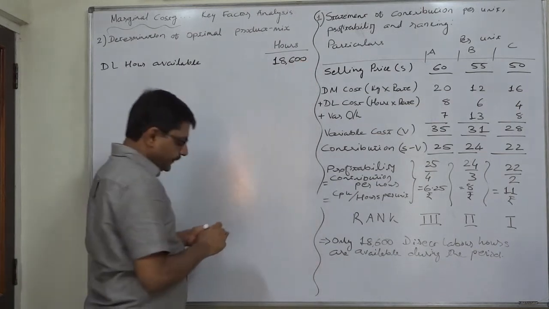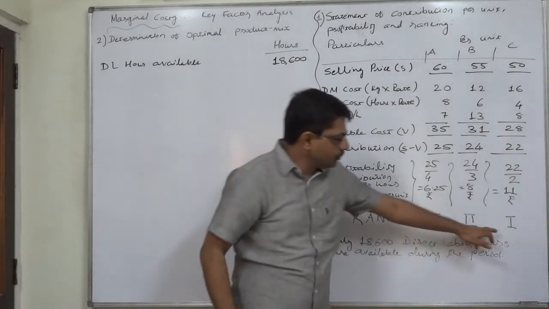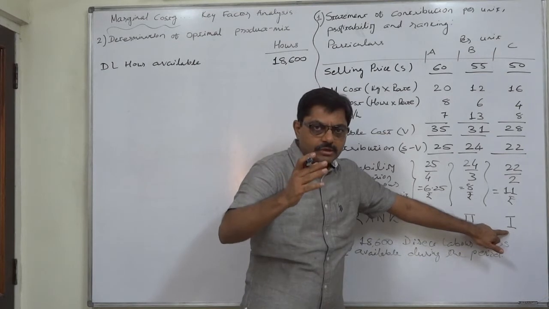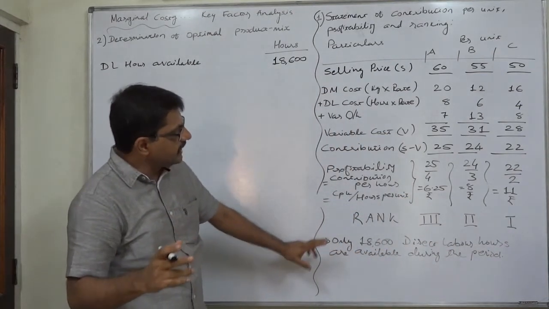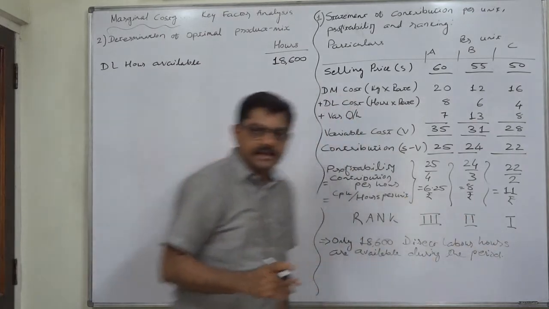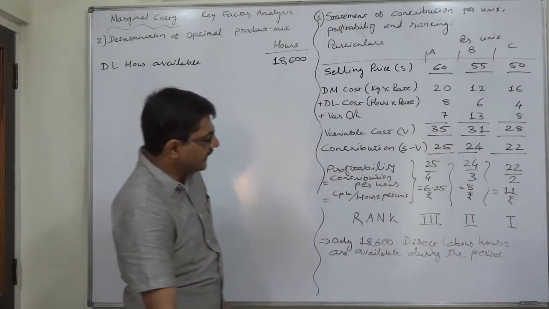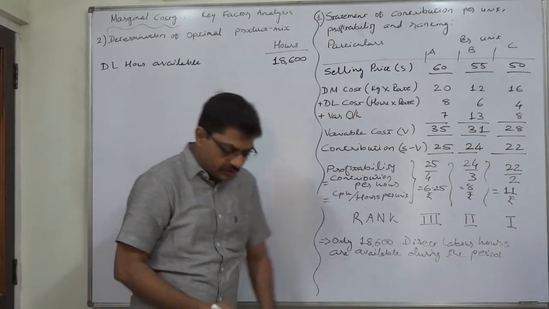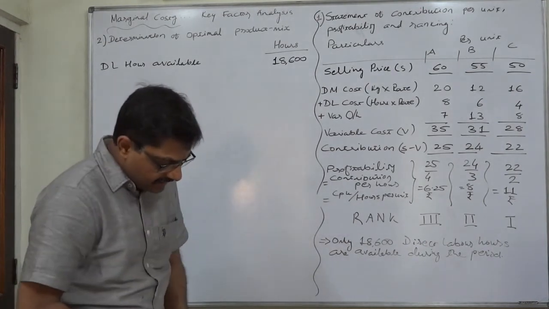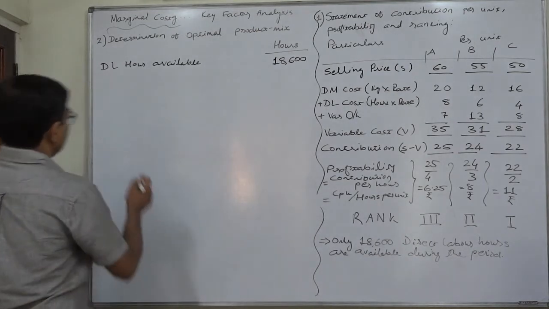According to the ranking, first we should plan to reserve the required number of direct labor hours for product C, because that is the most profitable product, and we should try to satisfy the whole demand of product C, and the demand given is 1,500 units.